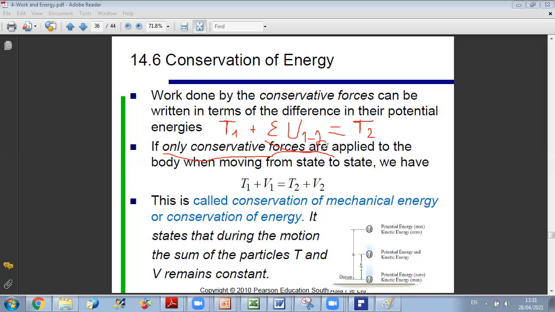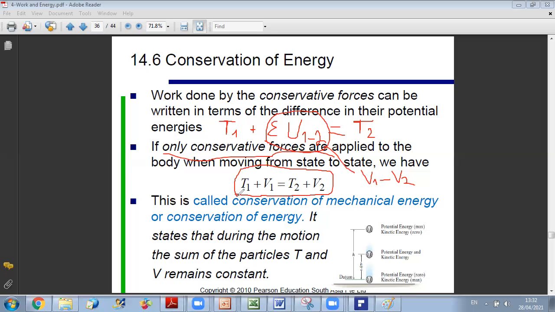I can replace the sum of work between state 1 and state 2 by V1 minus V2, which we just demonstrated. Now if I rearrange the terms, putting the 1 on one side and the 2 on the other side, I get that T1 plus V1 is equal to T2 plus V2, where T stands for the kinetic energy and V stands for the potential energy.